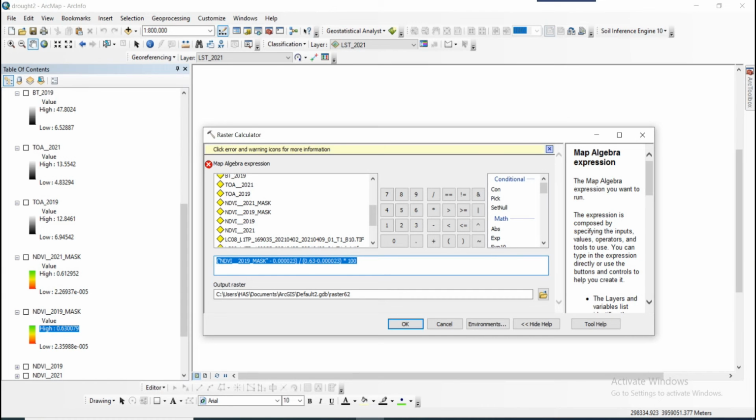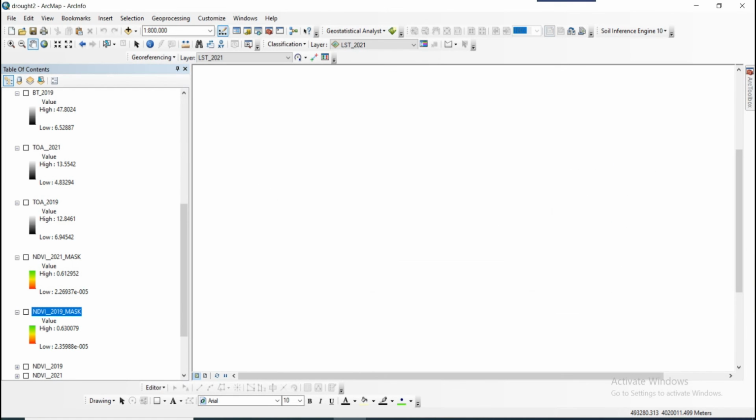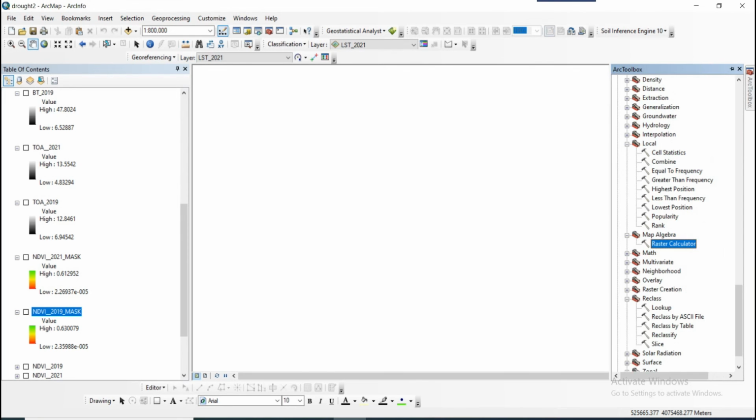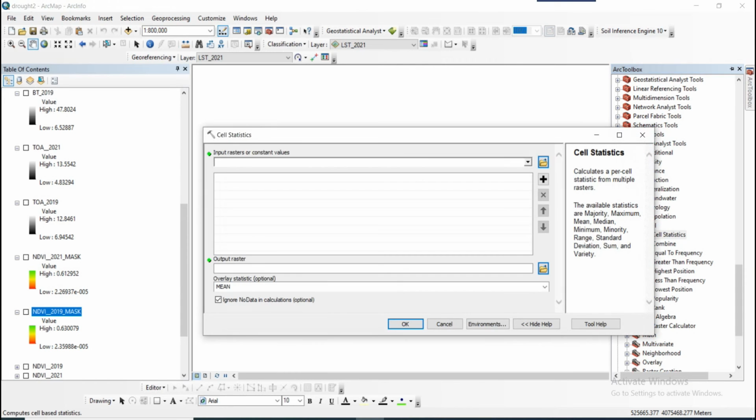Okay, but because we have 2 years, or we have a time series, in that case we have to calculate the minimum and the maximum value for both of them. So we will use, of course, ArcToolbox, and the Spatial Analyst tool, Local, and then Cell Statistics.